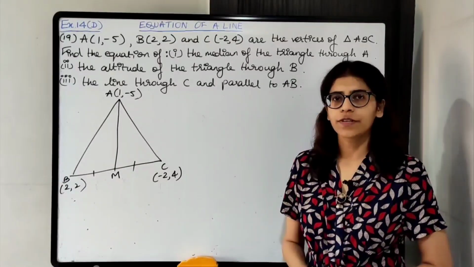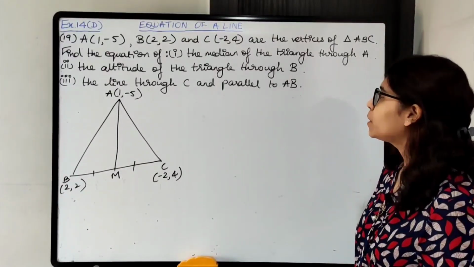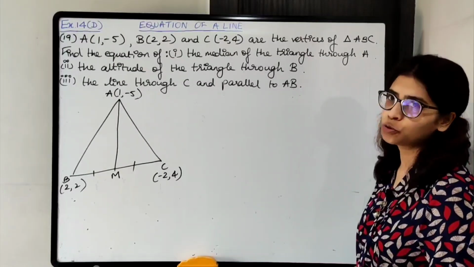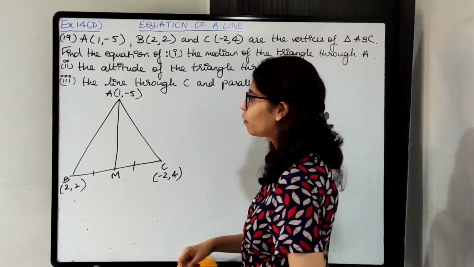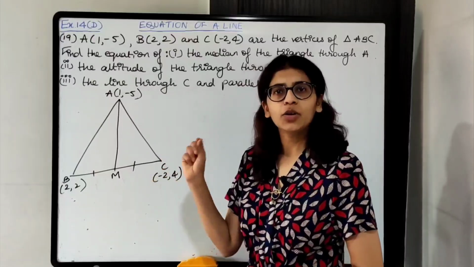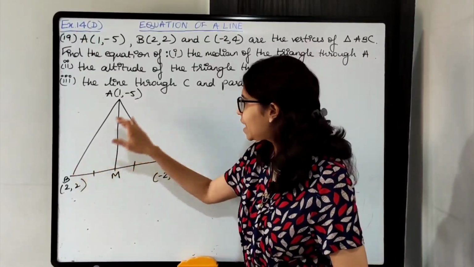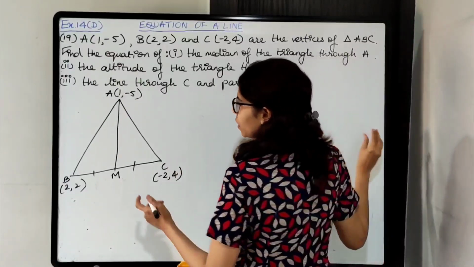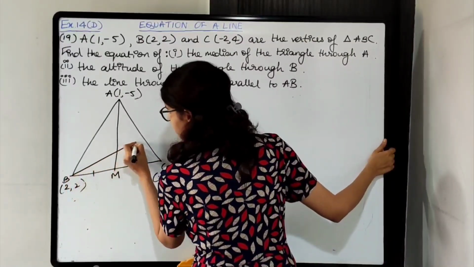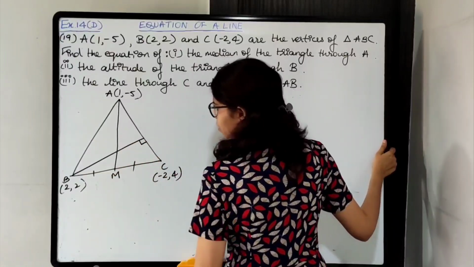Coming to second part of the question, we have to find the equation of the altitude of the triangle through B. You are drawing an altitude that is perpendicular from B to the opposite side. So B से AC पे एक perpendicular draw करेंगे. All right.